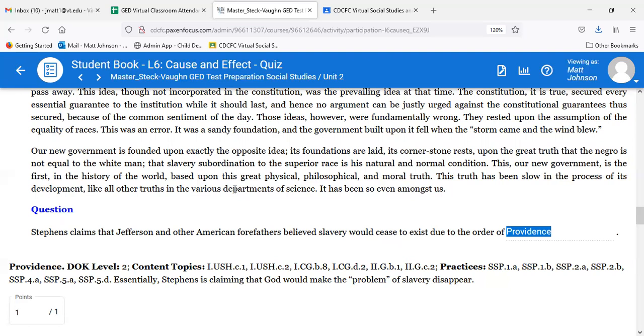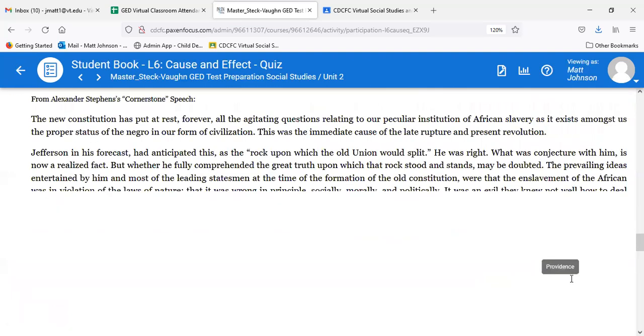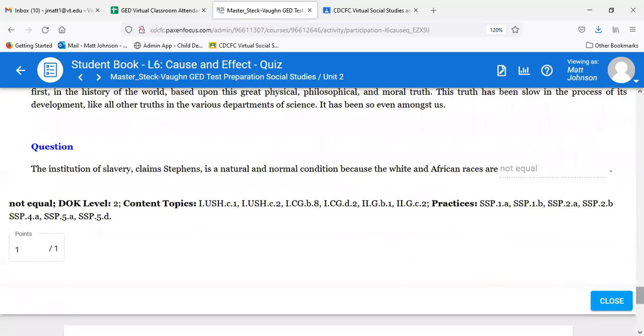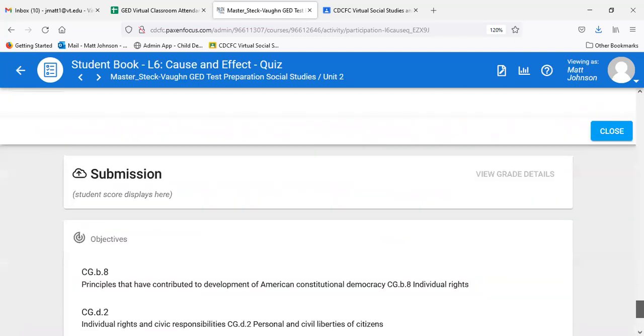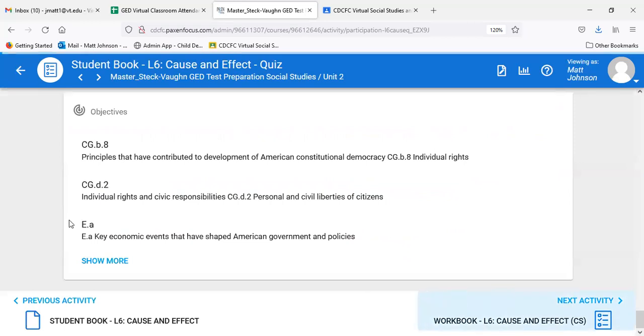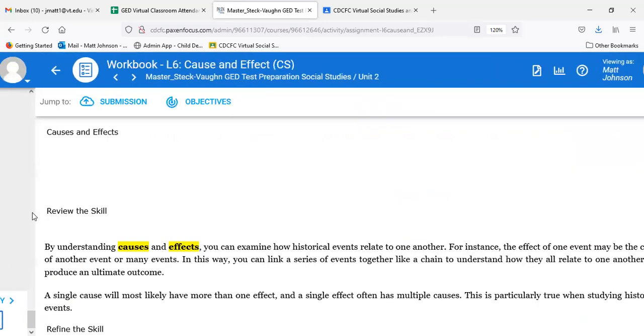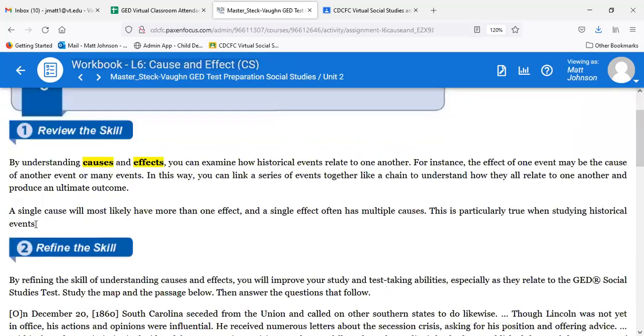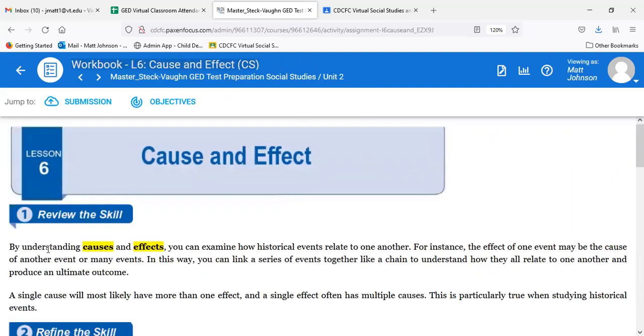All right, we'll slide over to the workbook now. Not a whole lot of questions. I think there's only 10 on the workbook for this one. Again, it's about understanding causes and effects, examining how historical events relate to one another. This is really what this lesson is wrapped around.